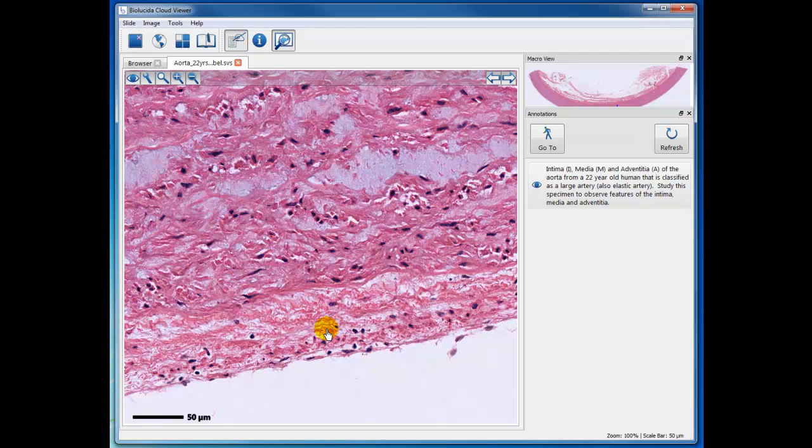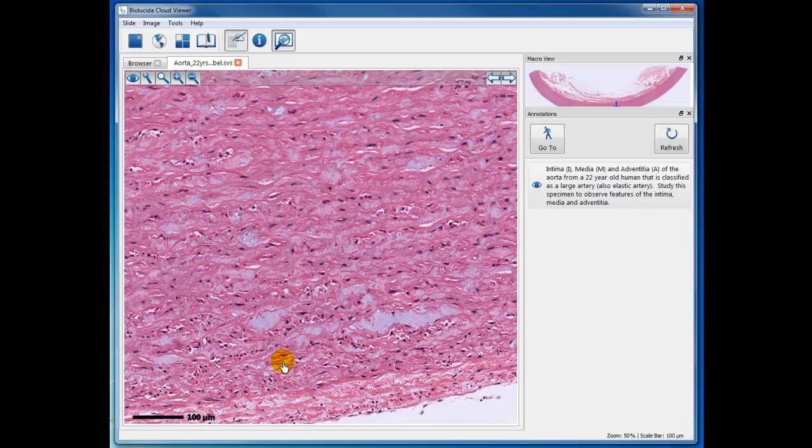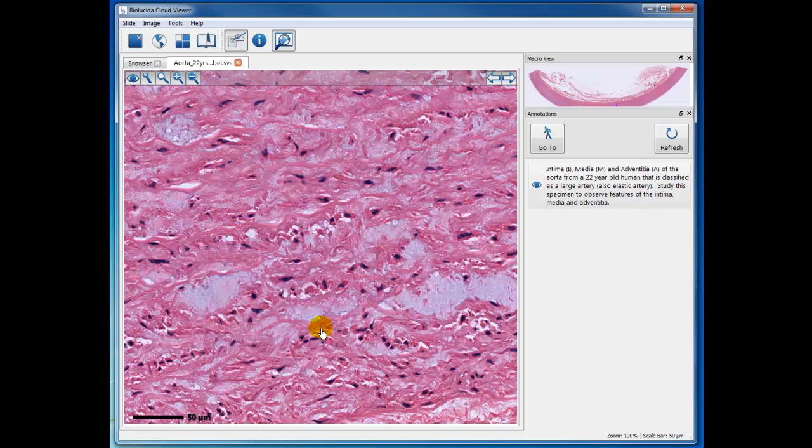And then you've got a connective tissue that resembles loose connective tissue, the rest of the intima, and then you have the first elastic membrane. Now these elastic membranes are really hard to distinguish as a single membrane, because a lot of tension over 22 years has been imposed upon them.